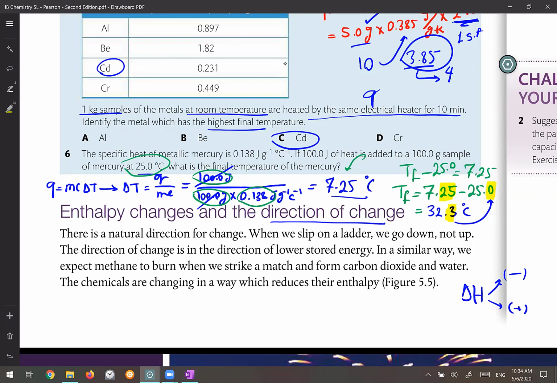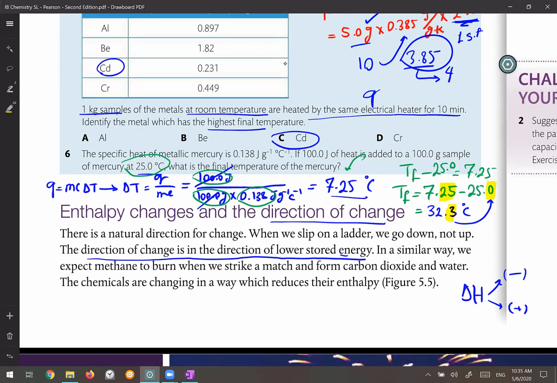Always in nature, as I have told you several times, the system wants to lower its energy. So they want to decrease their potential energy, because when their energy decreases, they become more stable. So you can understand that the direction of the change is in the direction of the lower stored energy.